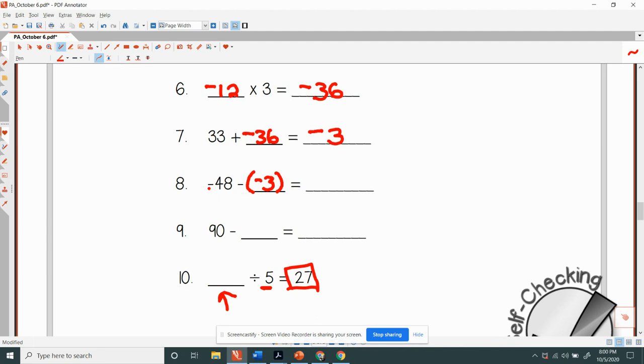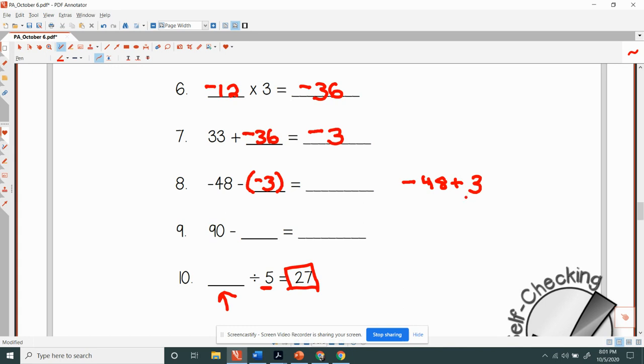Okay, so now this is one of those tricky ones. I've got negative 48 minus negative 33. That's one of those ones where I need to add the opposite. When you subtract, you add the opposite. Or I say sometimes when you subtract a negative, you make them both positive. So it would be negative 48 plus 3.